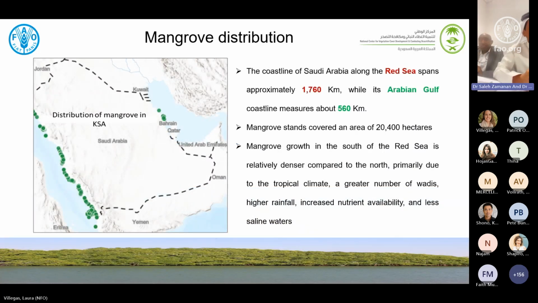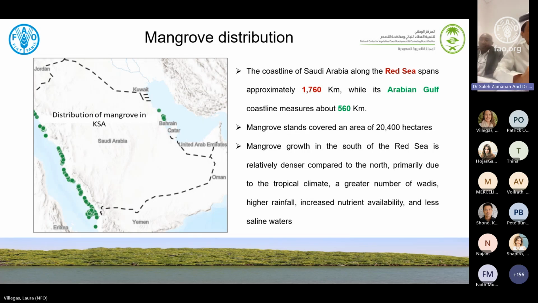Saudi Arabia has a great vision to protect and develop vegetation cover, including forests, and for sure, mangrove forest is part of that. So, NCPC was established a few years ago to develop a sustainable mangrove ecosystem.